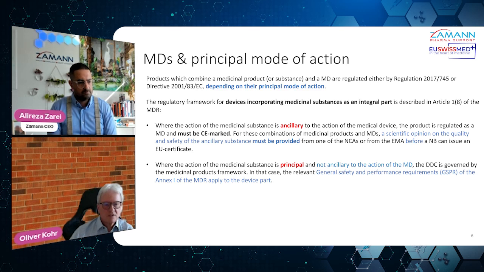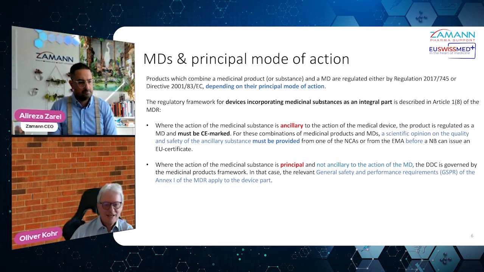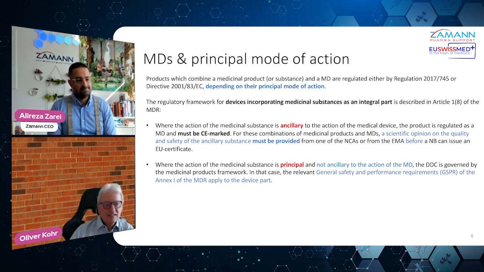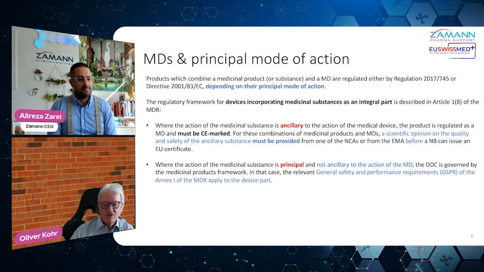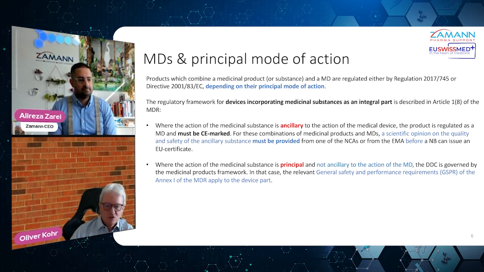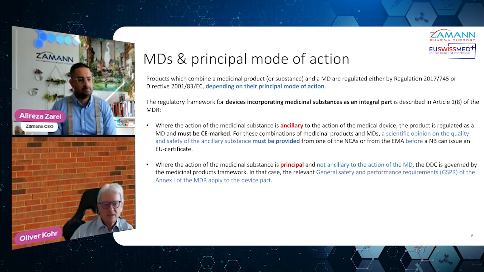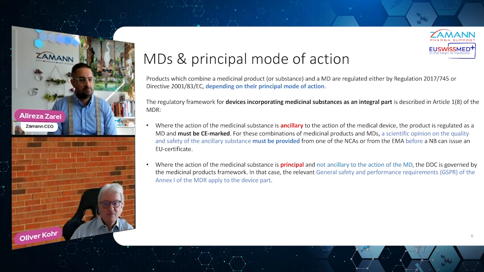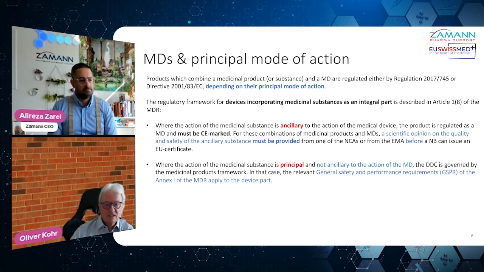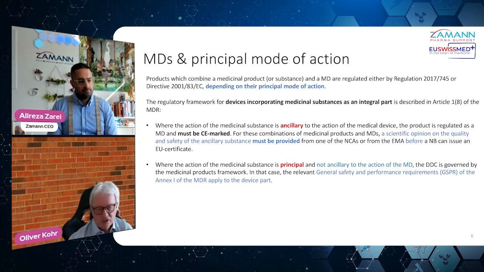And in the other case, if it's ancillary, you don't need the CE mark, but for the combination, you need the scientific opinion. But it's also helpful to do this Annex 1; it really should be done.